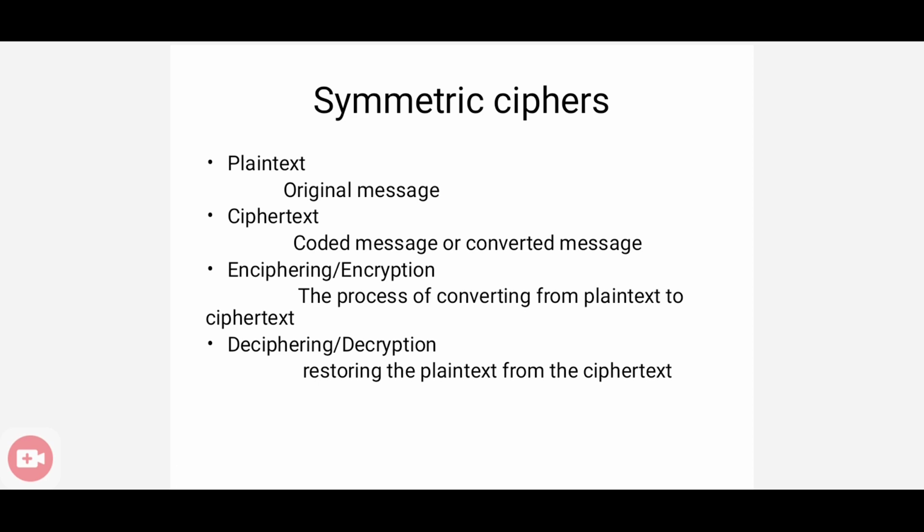Before moving on to symmetric ciphers, we can familiarize ourselves with some of the terms that we use in the cryptographic area. First one is plain text. What do you mean by plain text? The plain text is the original message that we are sending over a network.